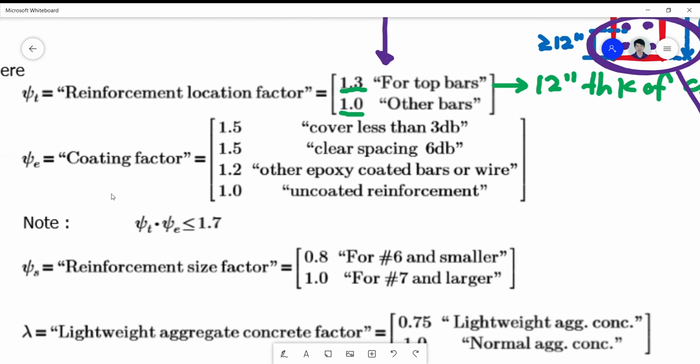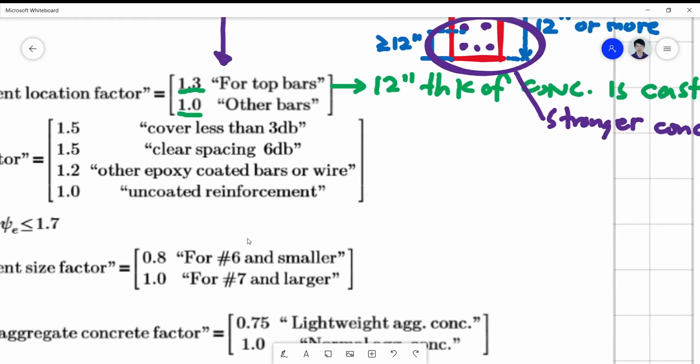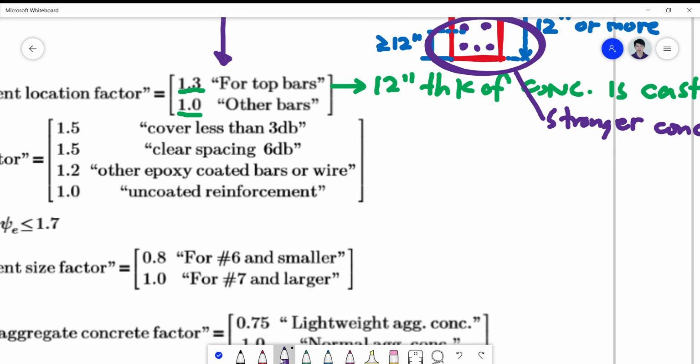For your coating factor psi e, we have to measure first the cover and the clear spacing. So we have to draw, let's say, a bottom bar with two reinforcement.